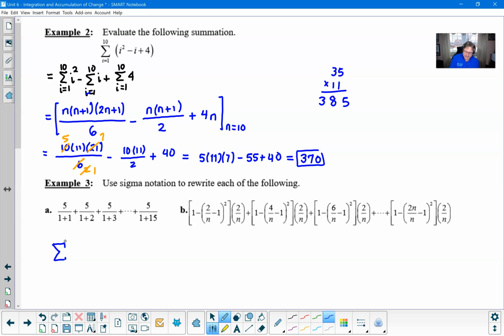And then what I typically tell students to do is look throughout the problem and replicate what's constant. What do you see always as you move from one term to the next term to the next term? Well, there's a lot of things that you see that are the same, like a fraction. There's always a fraction in this problem. There's always a numerator of 5.